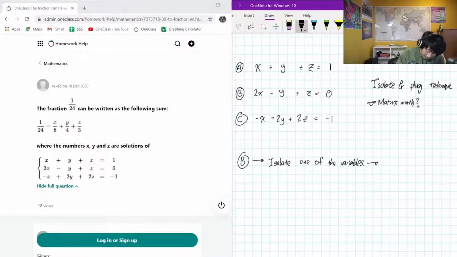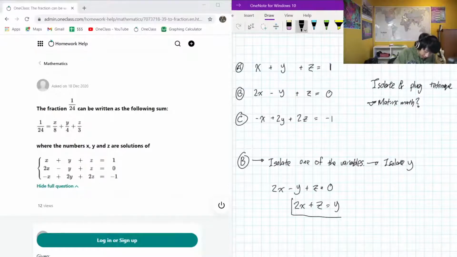In this case, let's isolate y. So here we have 2x minus y plus z is equal to 0. We could rewrite this by bringing y to the right hand side, and we'll have 2x plus z is equal to y. Okay, and it's good to square these off.